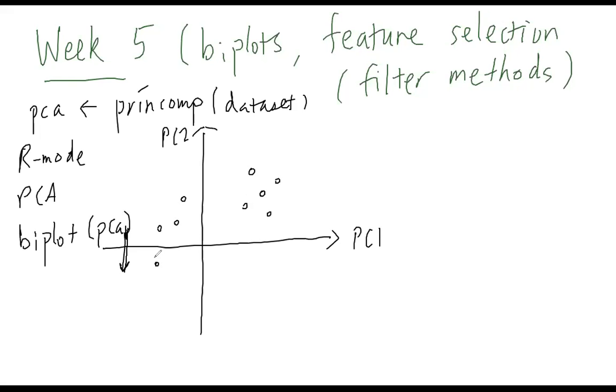Let's say, for example, the plot looks like this, and then you are going to see arrows on the plot.